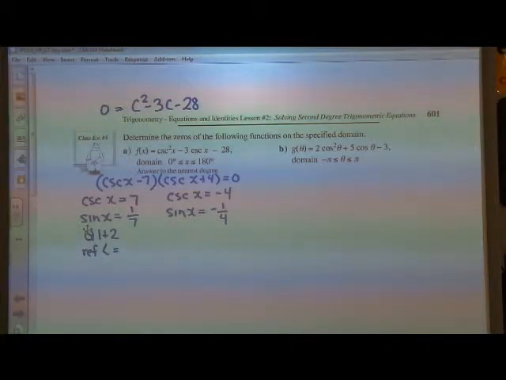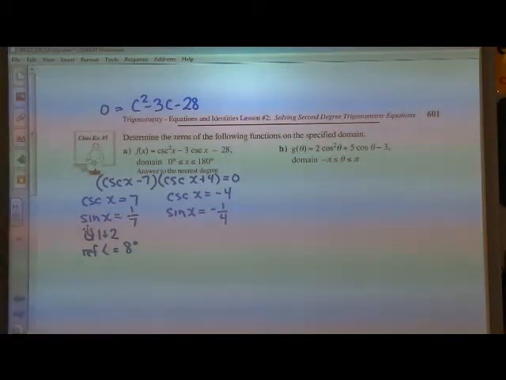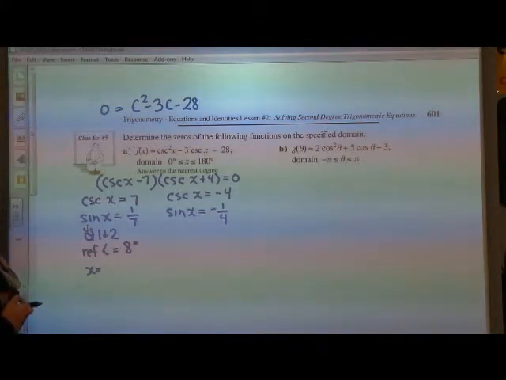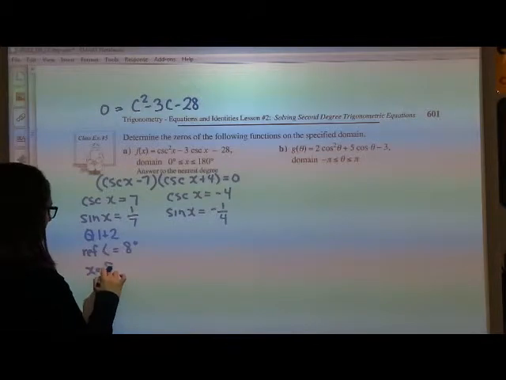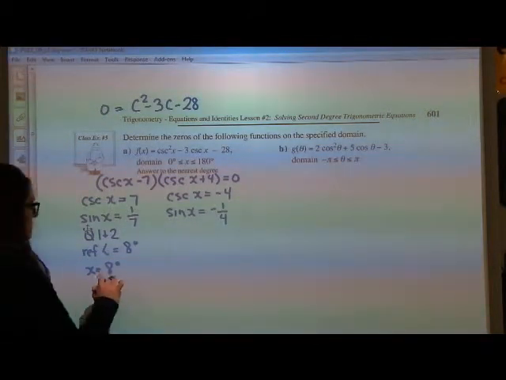What did you get for a reference angle, Hannah? 8 degrees. So in quadrant 1, x would equal 8 degrees, and in quadrant 2, what would it equal? 172.